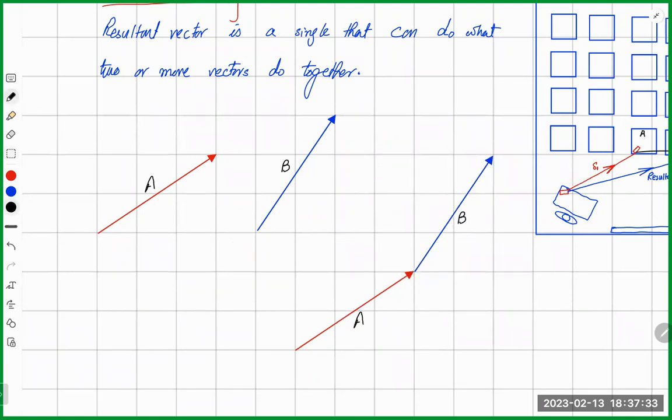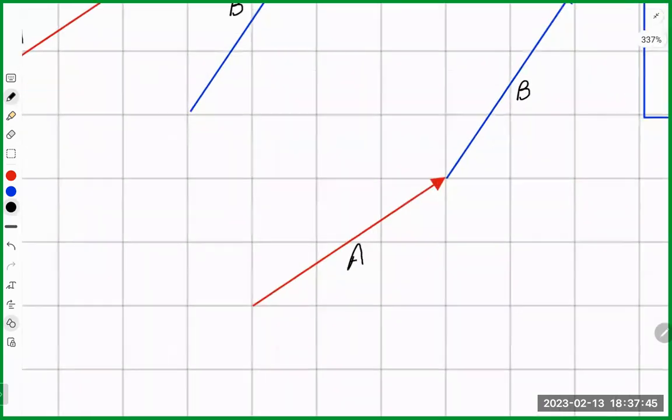Now, what will be the resultant of these two vectors? It will be from the head to the tail of B? From the head of A to the tail of B? No. Listen. A is doing something. What A did is A shifted a thing from here to here.